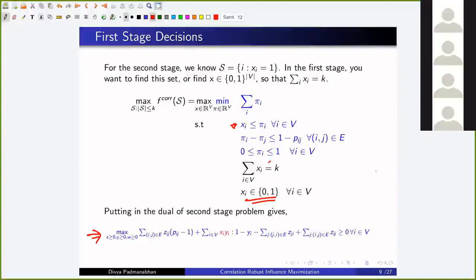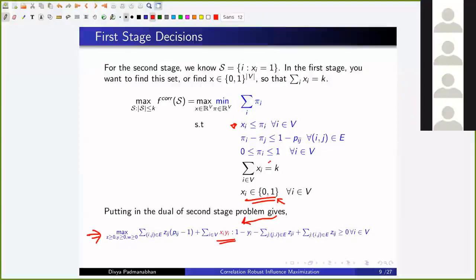But the issue now is that we have lost the linear programming advantage. We've got a quadratic term because x and y are both variables. And also an additional complication is the 0-1 constraint. So these are two issues with the first stage problem.